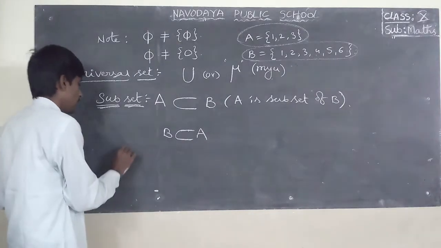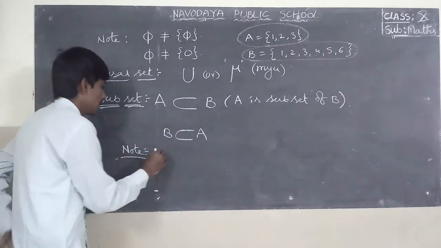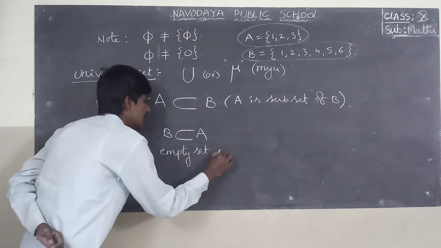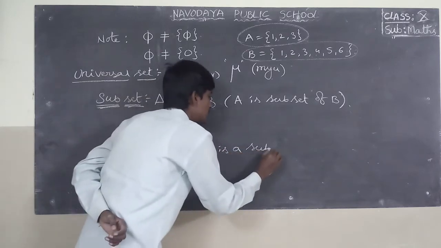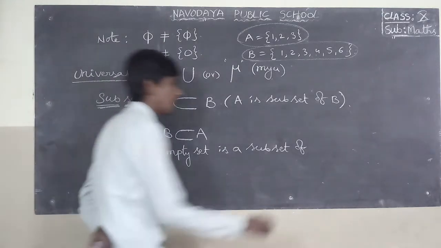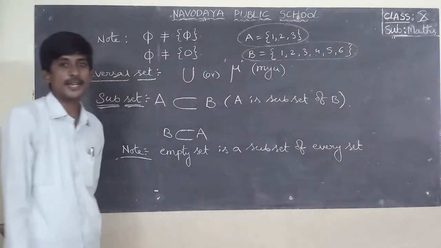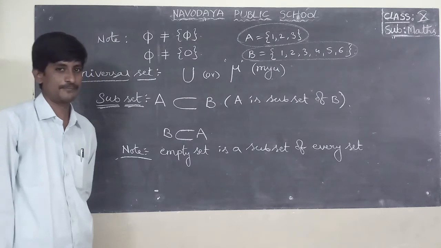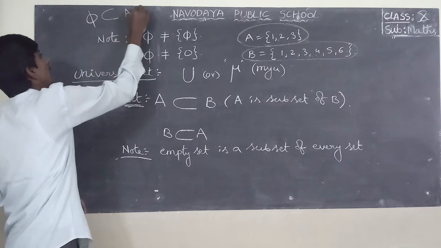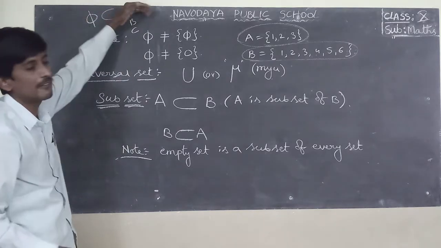Now note: the empty set is a subset of every set. The empty set is a subset of A or B or C, any set.